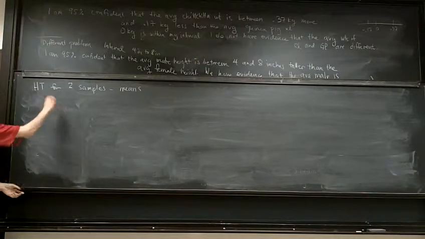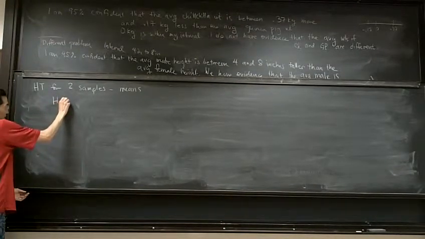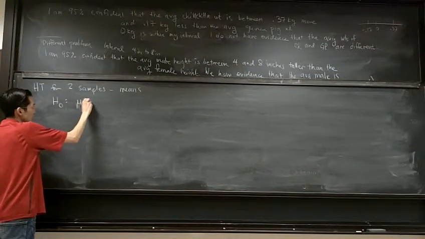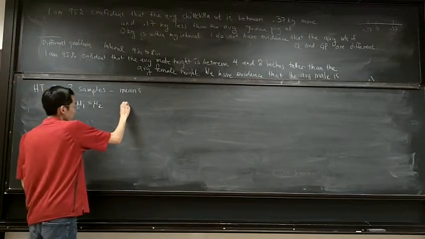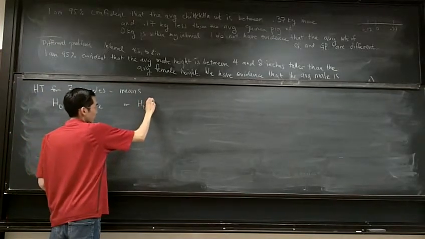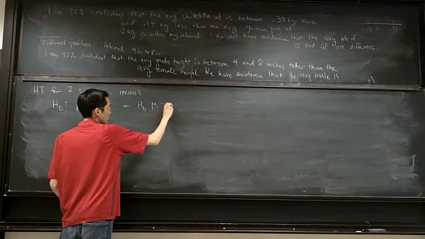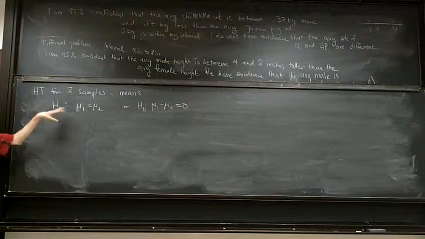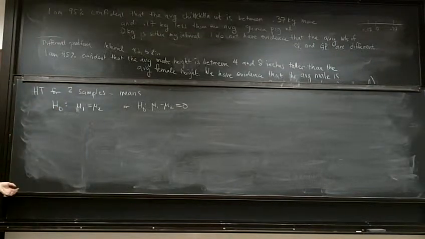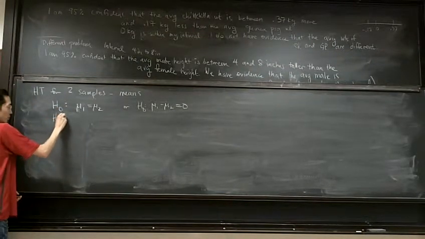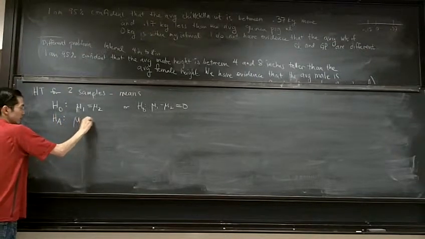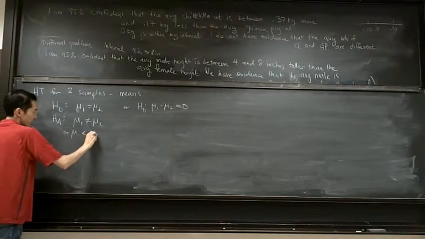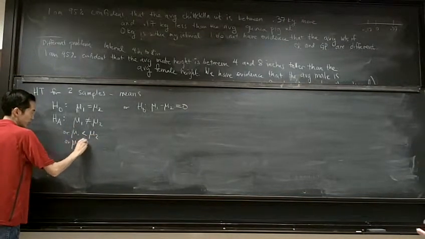Okay? So, the null hypothesis is not P1 minus P2, but rather mu1 is equal to mu2, or alternatively, it could be rewritten as mu1 minus mu2 equals 0. Okay? So just like we did for proportions, but now we have mu. Alternative, mu1 doesn't equal mu2, or mu1 is less than mu2, or mu1 is greater than mu2.